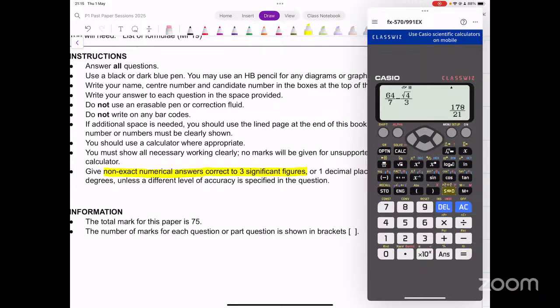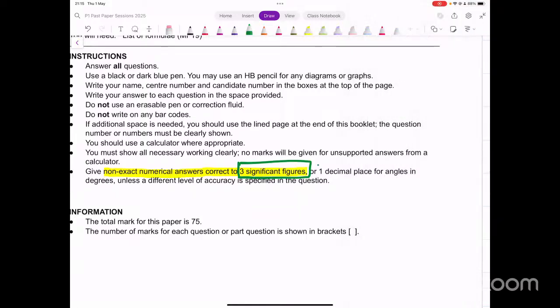It's better to write a fraction, but if you get in decimal a value like 8.476190476, it's not stopping at any point. Your calculator is showing you the maximum number of decimal places that it can show. In this case, you would round it off to three significant figures in your final answer, not in your working. If it's in degrees, then you would write one decimal place. For anything else, you write three significant figures.